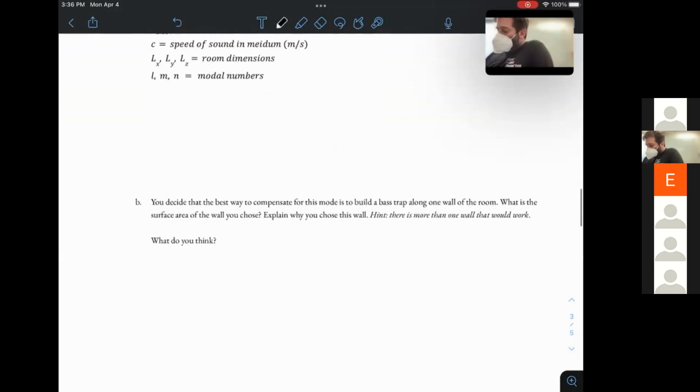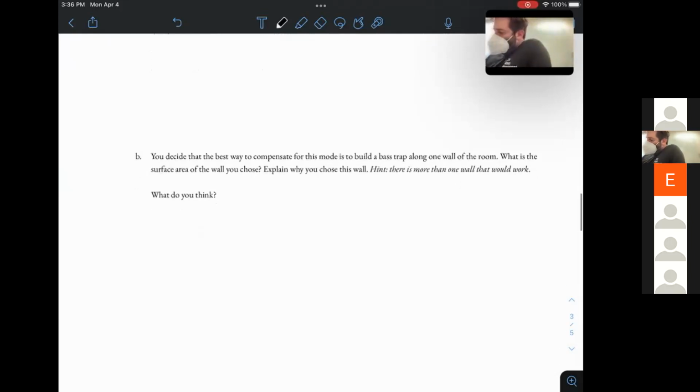Okay, part B. You decide that the best way to compensate for this mode is to build a bass trap along one wall of the room. What is the surface area of the wall you will choose? Explain why you chose this wall. Hint, there is more than one wall that would work. So the reason he's asking for the surface area is he wants you to tell him which dimensions.